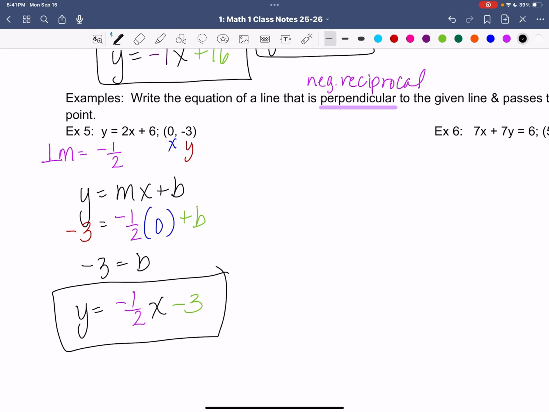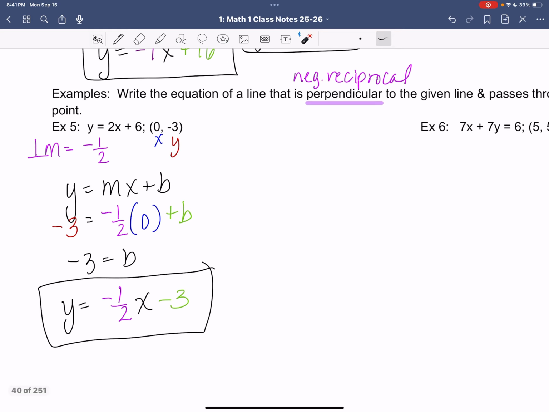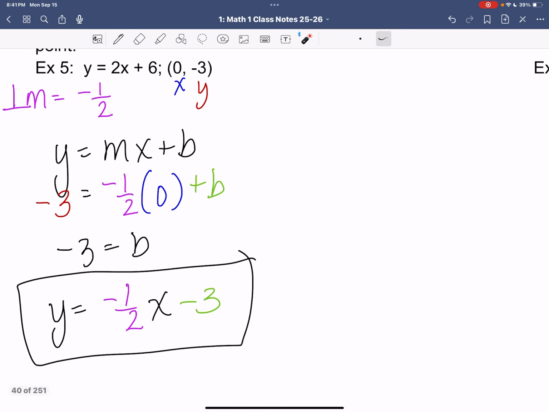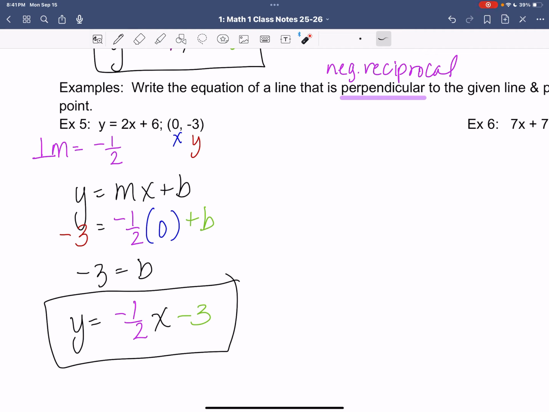All right, so now let's look here. If you want to write an equation that's perpendicular, you're looking for the negative reciprocal, or you're flipping it and then changing the sign of a line that passes through the point. So let's look at our example here. We have y equals 2x plus 6, and it passes through that point. So if your slope is originally 2, remember, we make it 2 over 1.